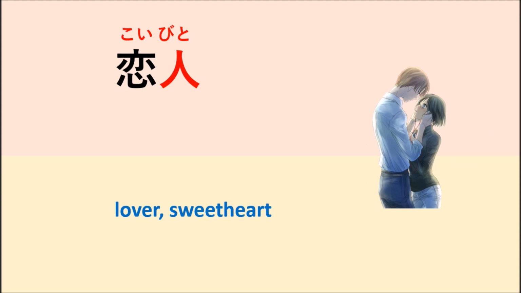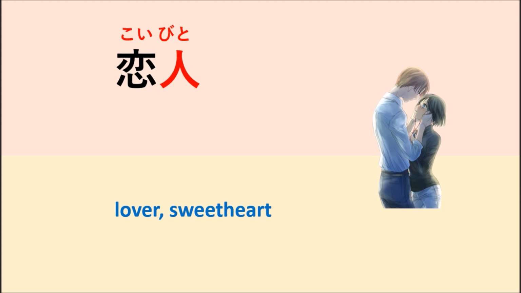Koibito means lover or sweetheart, or girlfriend and boyfriend. The first kanji, koi, means love, and the second kanji is hito, which means people. So we have the kanji of love and people, which means lover, sweetheart, girlfriend or boyfriend.